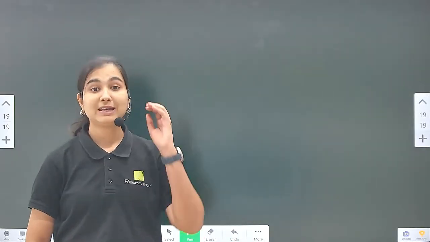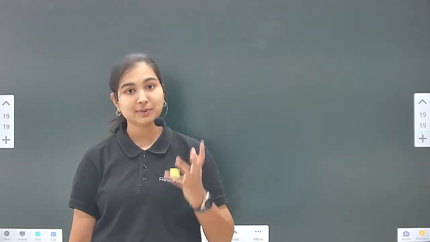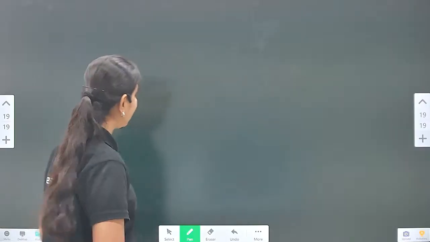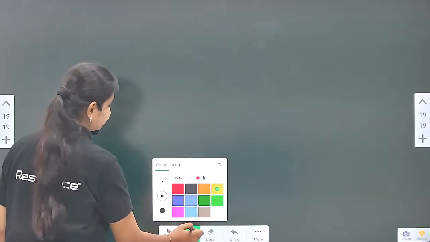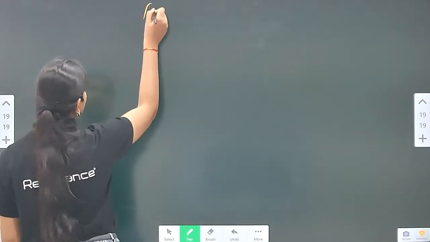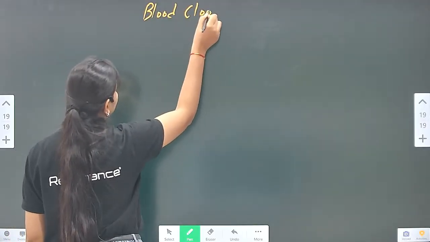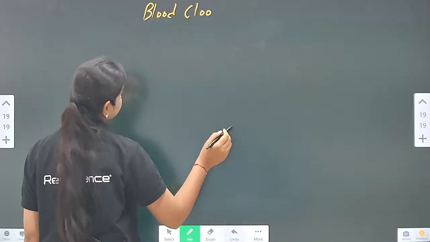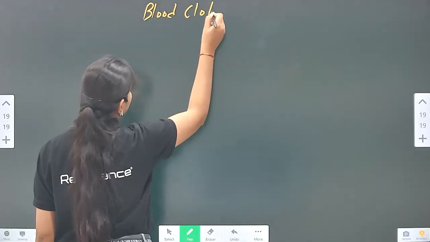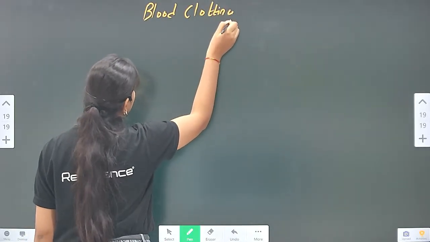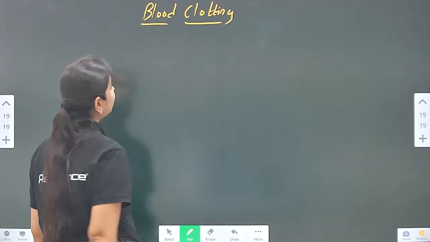Now we will be reading about what? The clotting mechanism of blood, which is again a very interesting topic. Okay, what exactly is it? The clotting mechanism of blood, or we can say the blood clotting. Now what exactly happens in blood clotting?